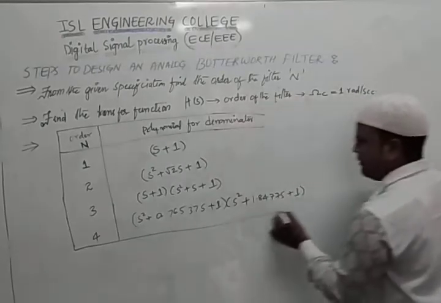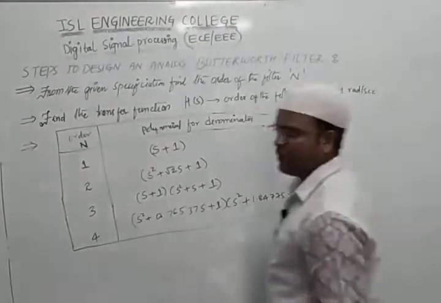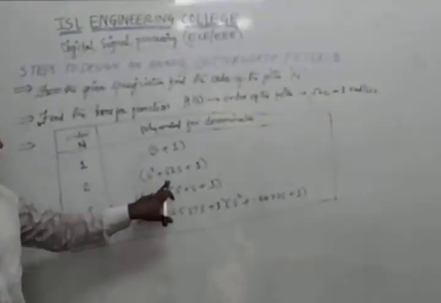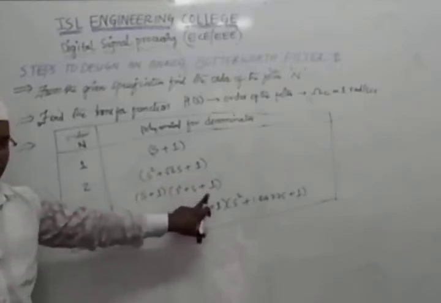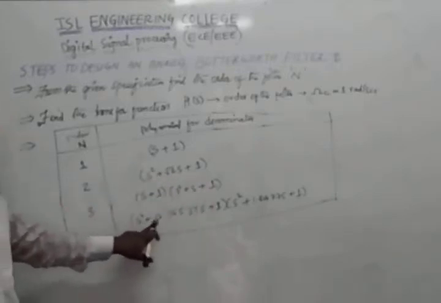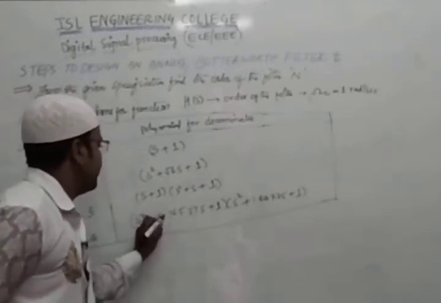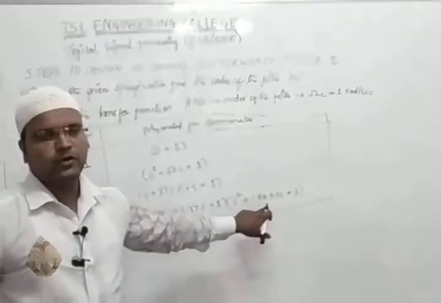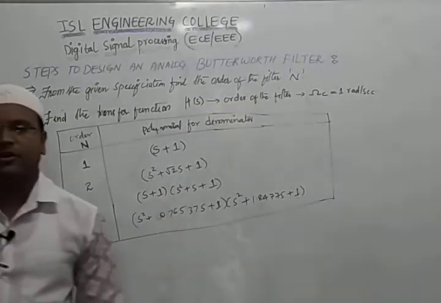So till now, remember the polynomials: for first order it is s plus 1; for second order it is s square plus root 2 s plus 1; for third order it is s plus 1 into s square plus s plus 1; for fourth order it is s square plus 0.76537 s plus 1 into s square plus 1.8477 s plus 1. These are the constant values to find the polynomial.